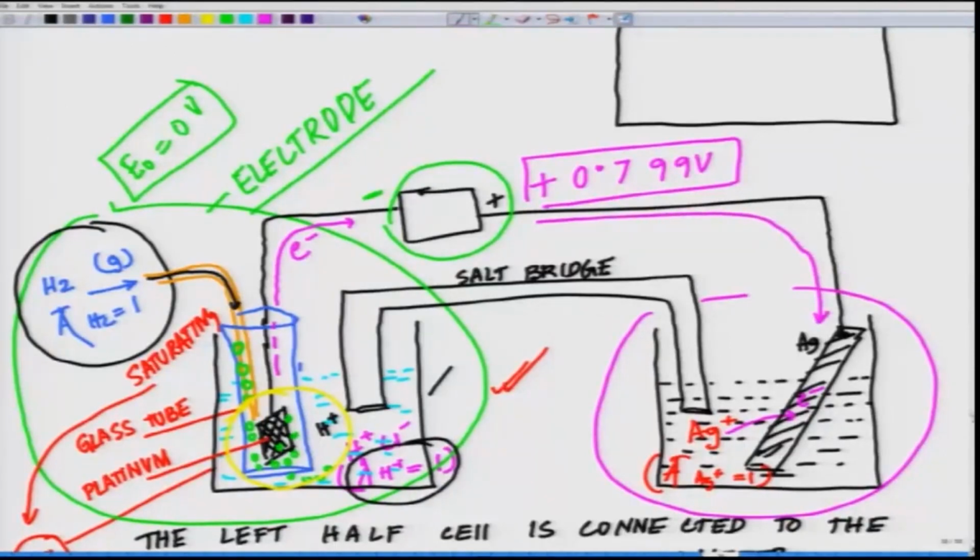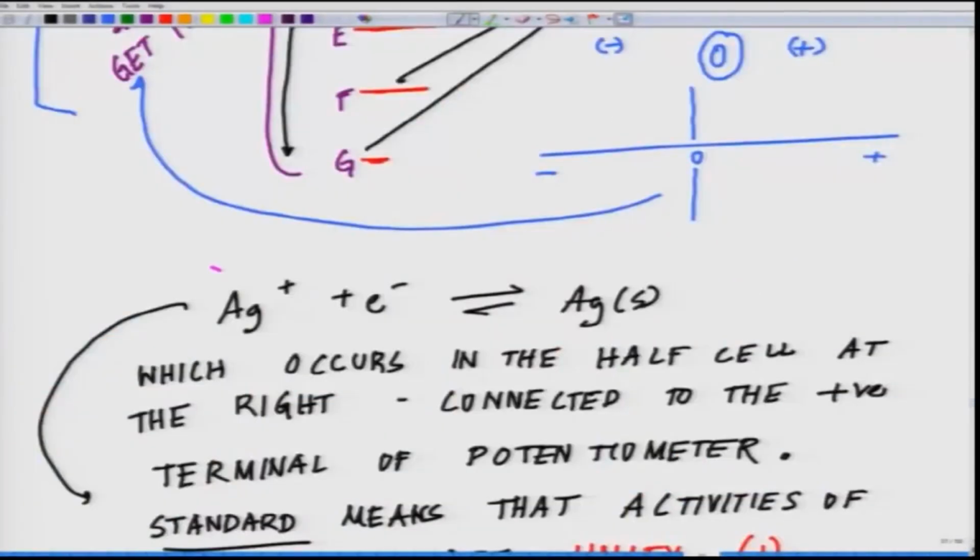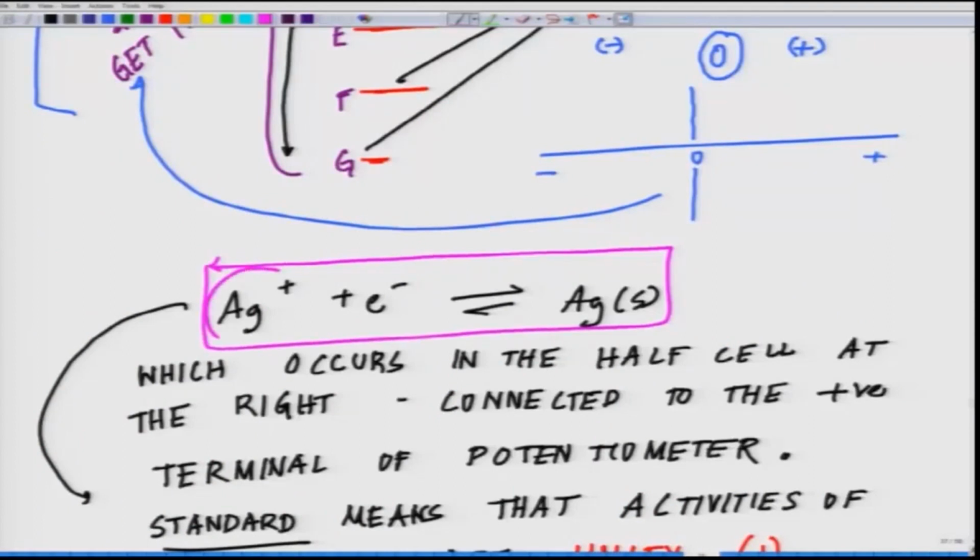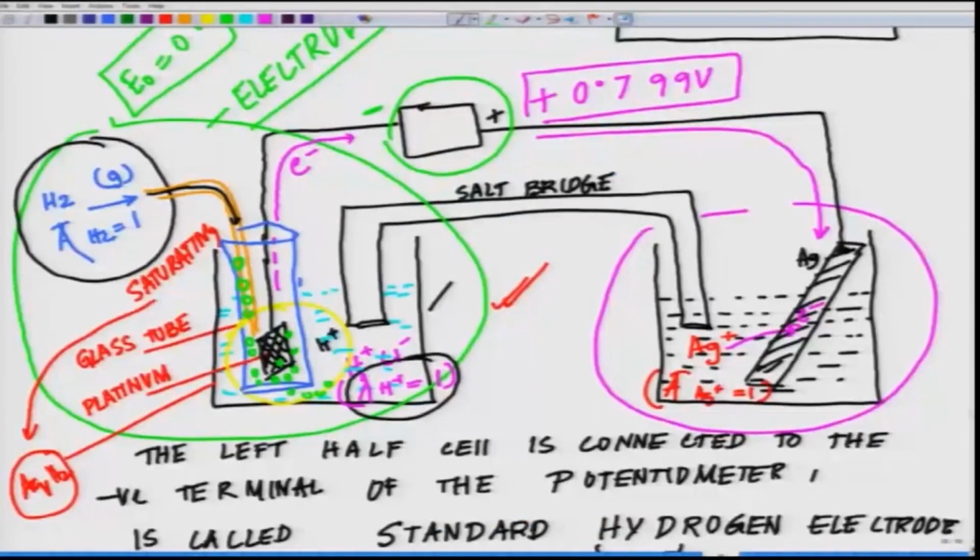So what was the reaction we started with? Our reaction was this one, where silver ions from the aqueous medium are traveling to the surface of the Ag metal, and out here this silver ion is obtaining an electron and becoming Ag.